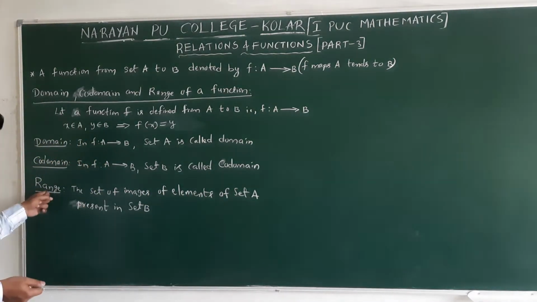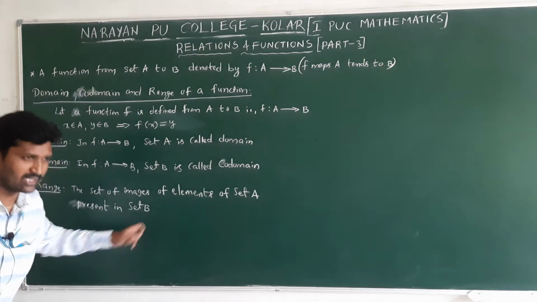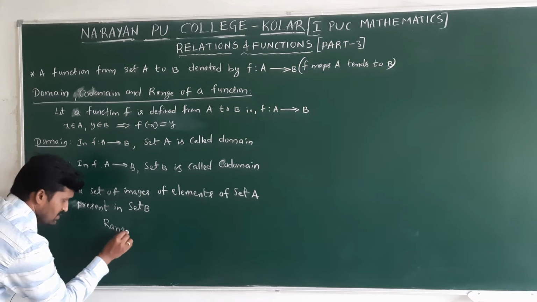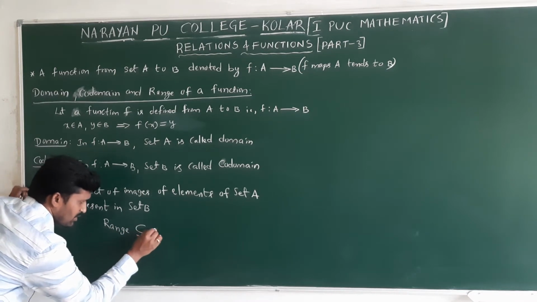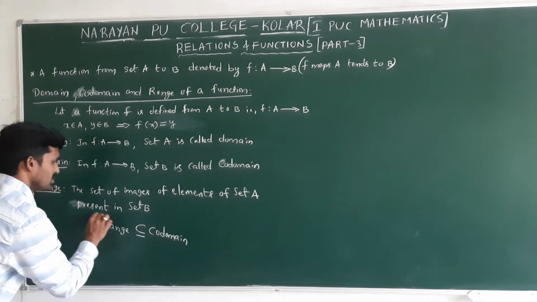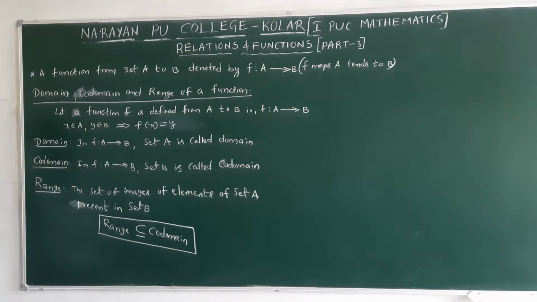That's why range is always a subset of codomain. So we write here: range is always a subset of or equal to codomain. This point is important, you should remember.